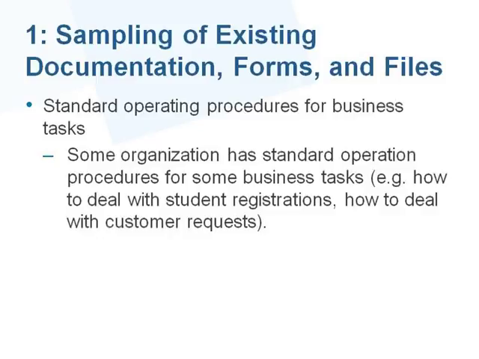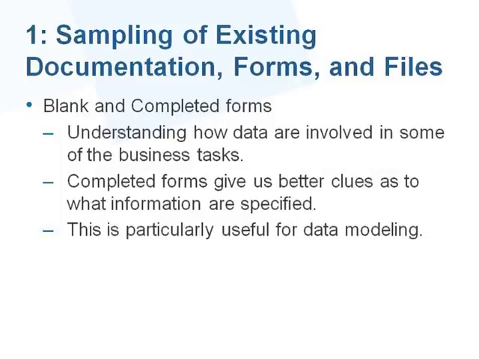In that document, it will state the procedure step by step: the customer comes in, do this, do that, and so on. Studying these documents, you will understand more about how the organization deals with certain business tasks.